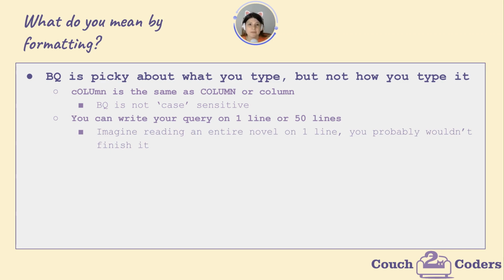So what I like to think of when I think of formatting is, imagine if you were reading an entire novel and it was all on just one line of the page. So it didn't have any enters, it didn't have any paragraph breaks, it didn't have any chapters, none of that. It was just one long line and you just had to roll it up like a scroll. You probably wouldn't read it, and if you did start reading it, it would be very hard for you to retain any of the information.